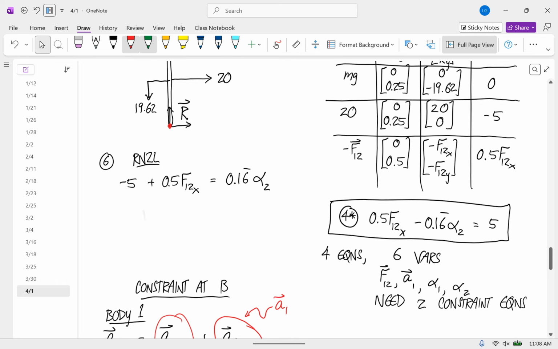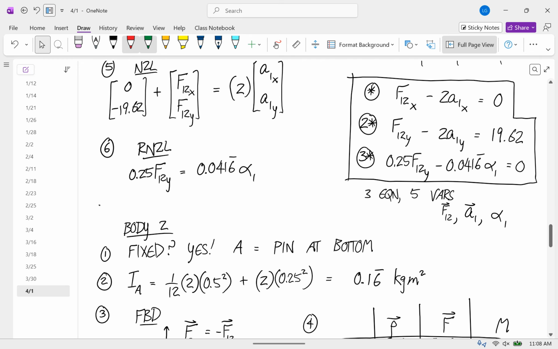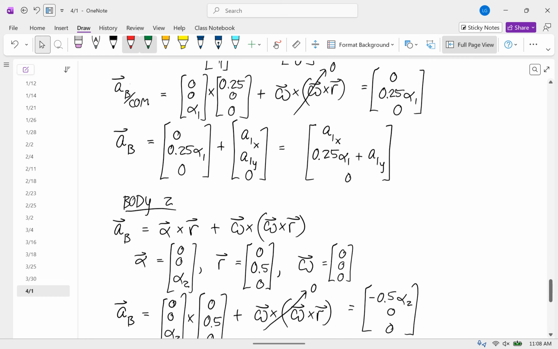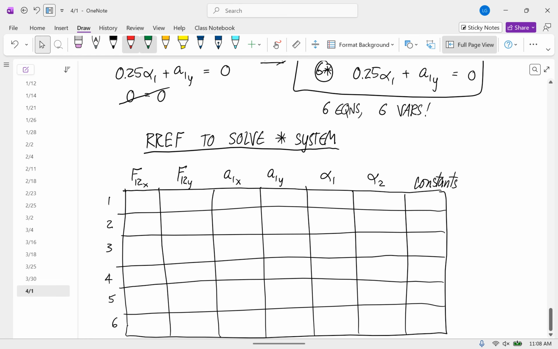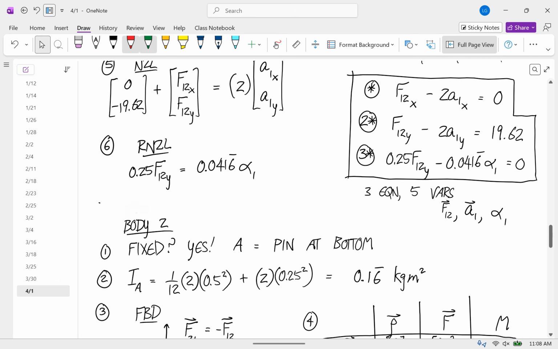So equation 1: F12X, we have 1. A1X, we have negative 2. And everything else is zeros. I'm not going to fill it in, but when you enter this matrix in your calculator, you have to fill that in. Equation 2: F12Y, we have 1.